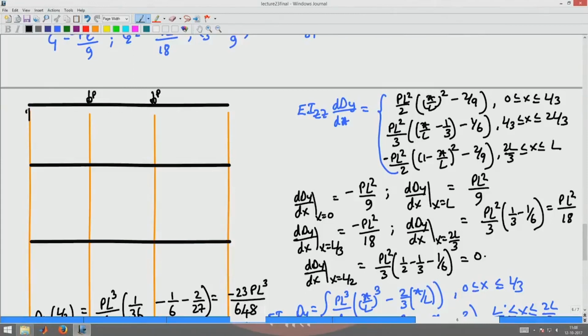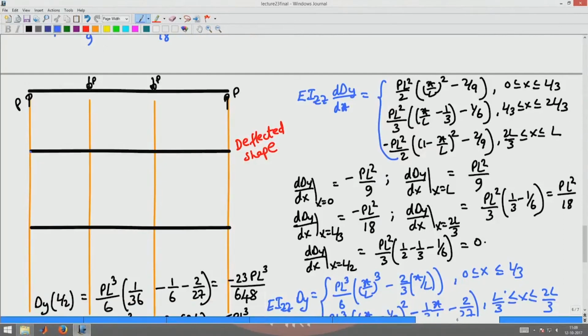and a reaction force P here. First we are plotting the deflected shape. You can find that all the deflections are negative right from L by 2 and L by 3. Okay.